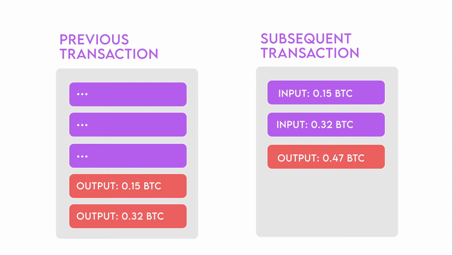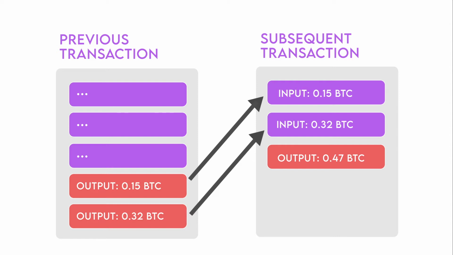And whenever you hear that a UTXO gets spent or consumed, what's happening is that the unspent transaction outputs from a previous transaction get consumed by a subsequent transaction. So the outputs of the previous transaction become the inputs of the new transaction.